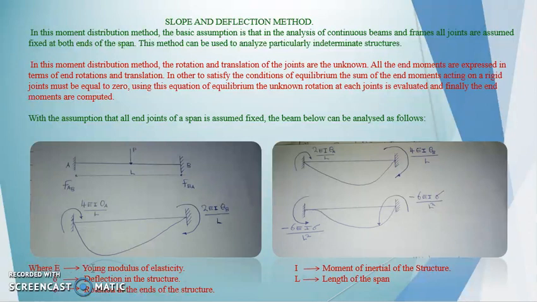Where E is your modulus of elasticity, phi here is the deflection in the structure. The rotation at the end of the structure is theta, which is this. Sorry, I didn't put this theta well, and this here. While I is the moment of inertia of the structure, and L is the length of the span, from A to B.